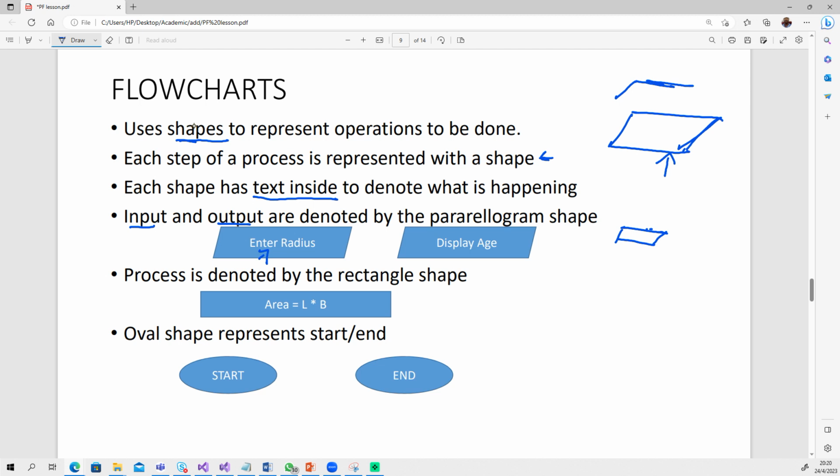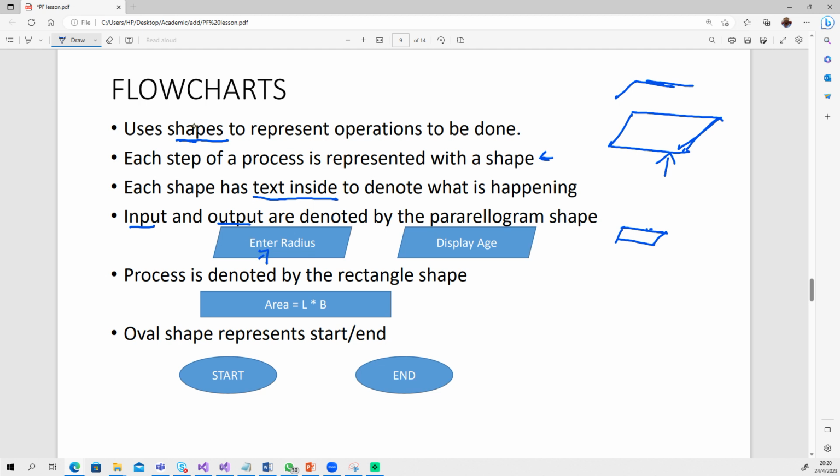We have used the parallelogram shape because that is what is used to represent input in flowcharts. Again, here we are saying maybe someone entered the edge and we want to display it somehow. So you say display edge. Displaying anything means you want it to be seen on the screen, maybe on the calculator or on the computer monitor itself.